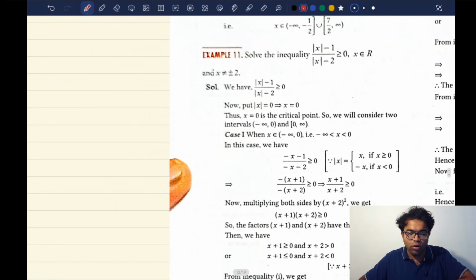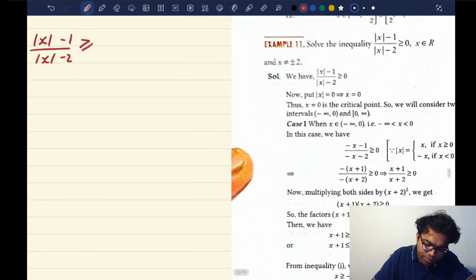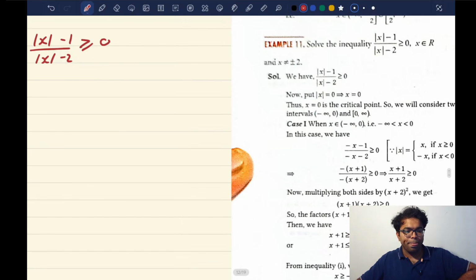Okay, you and I will both do this together. You will have modulus of (x minus 1) upon modulus of (x minus 2) is greater than or equal to 0. Okay, so how will we do this?